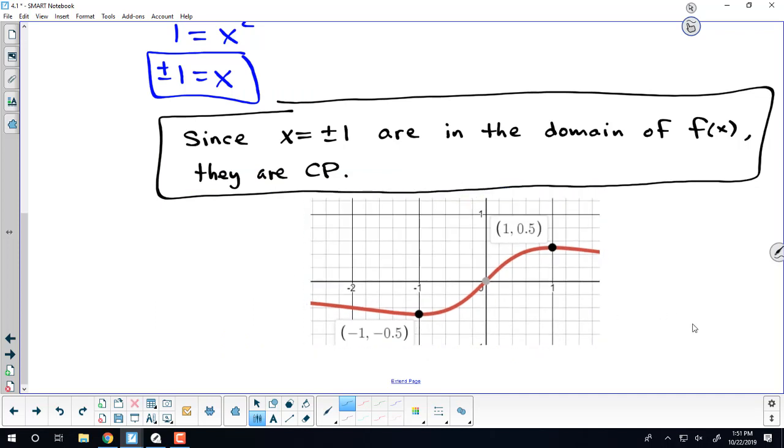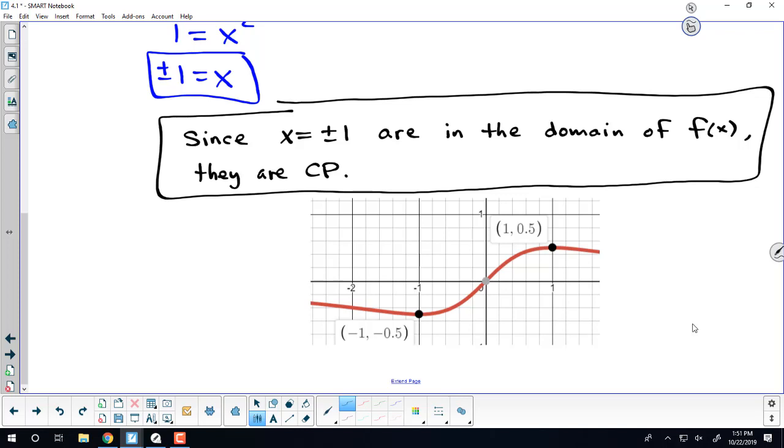Here's the graph of f of x, and we can visually verify that our candidates at 1 and -1 do correspond to a local minimum and a local maximum. But I wouldn't worry about that until we actually talk about how we find the local maximums and local minimums. We're just keeping that for future reference.